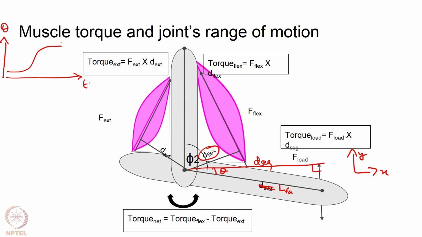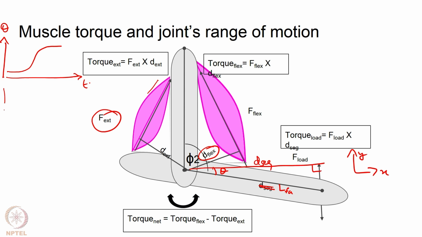If it is a slow movement, and increasing theta is considered extension, say for example, then only the extensor will be active. What will the velocity look like?